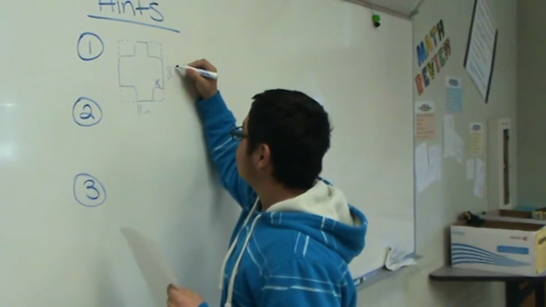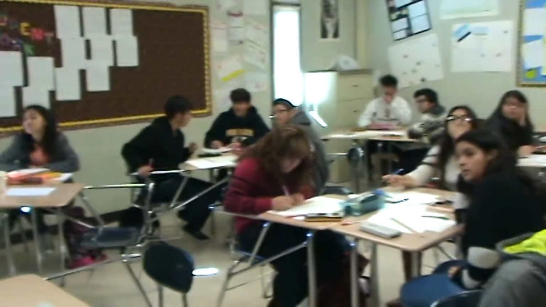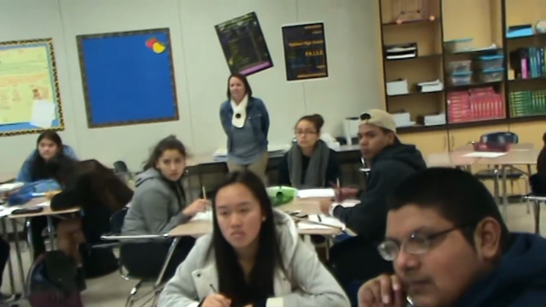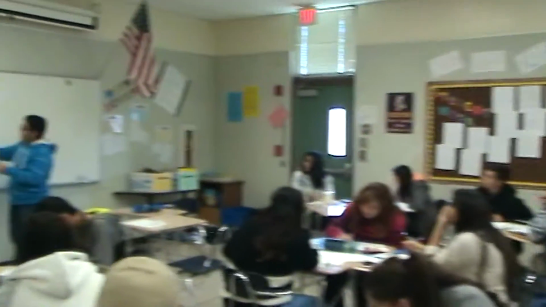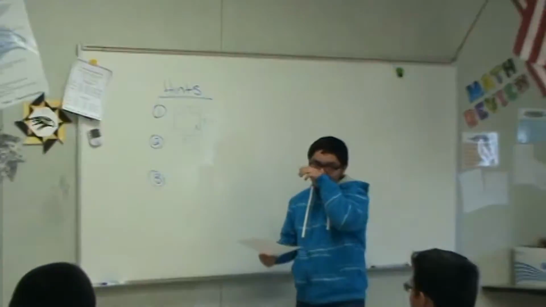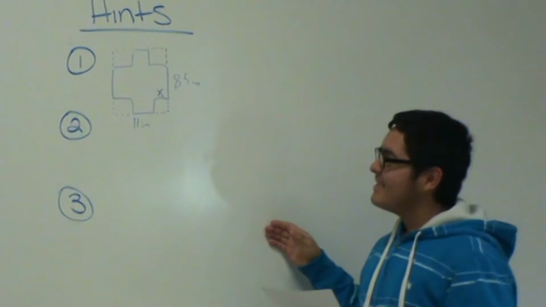All right, pause your conversation for just a second. We have a diagram hint. Would you please share the thinking in your hint? Alright, so the paper, the cardboard, is 8.5 by 11.